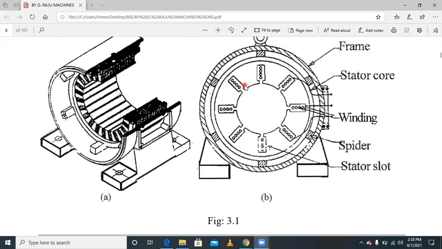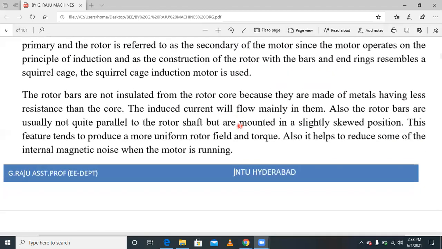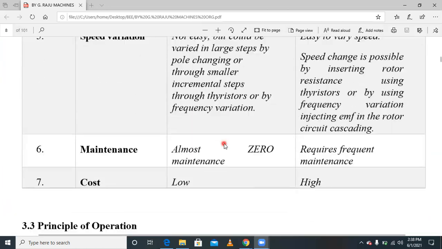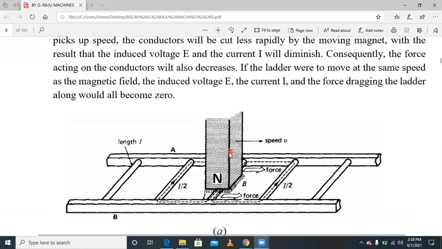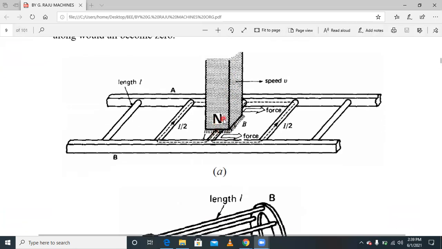Because the air gap between the stator, the stator slots, the stator winding, and the rotor is very small, the stator rotating magnetic flux cuts the rotor.